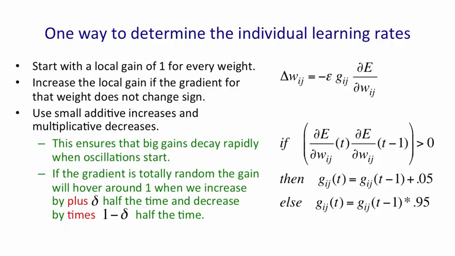If the gain's bigger than 1, multiplying by 0.95 will reduce it by more than adding 0.05. If the gain's smaller than 1, adding 0.05 will increase it more than multiplying by 0.95 decreases it. So with random gradients, we'll hover around 1. And if the gradient is consistently in the same direction, we can get much bigger than 1. If the gradient is consistently in opposite directions, which means we're oscillating across a ravine, we can get much smaller than 1.